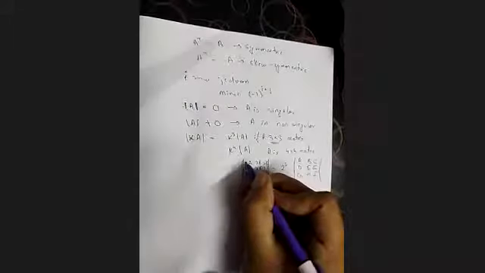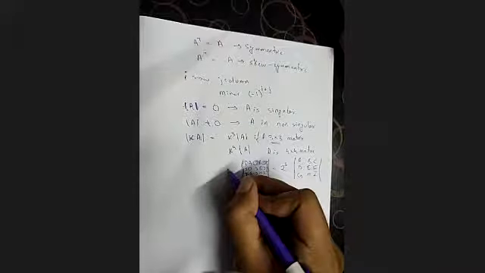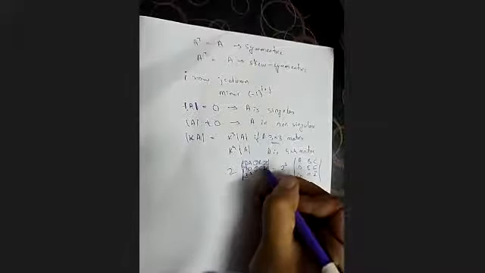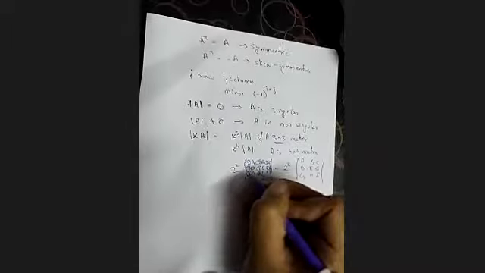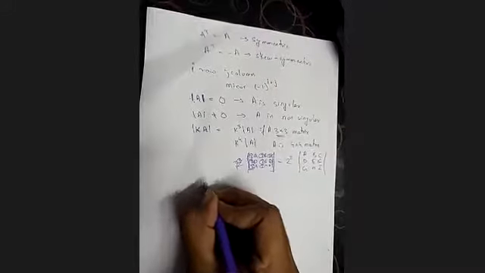Because if we take common 2 from the first row, then 2. If we take common from the second row, it will be 2 square. If we take common from the third row, it will be 2 cube. That is the concept. That's why we are getting 2 power 3.